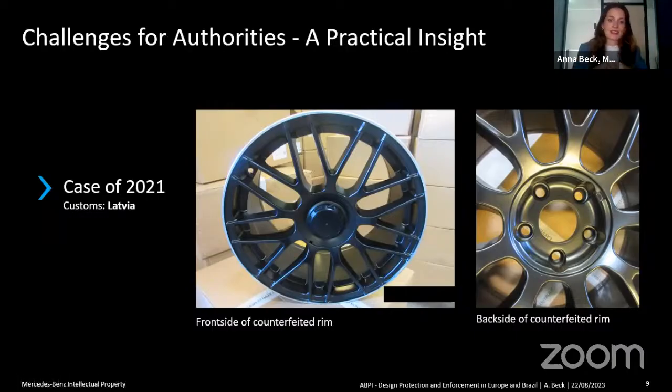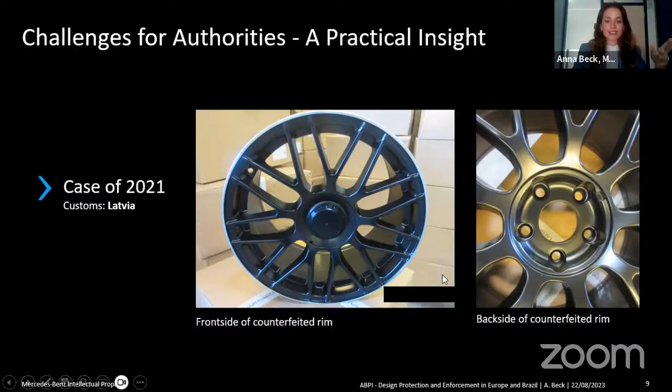And especially in the cases of rims, counterfeiters are clever enough to pack the hubcaps into separate boxes for shipping. So the hubcaps are those small things with the logo on it, which are usually in the center of a rim.